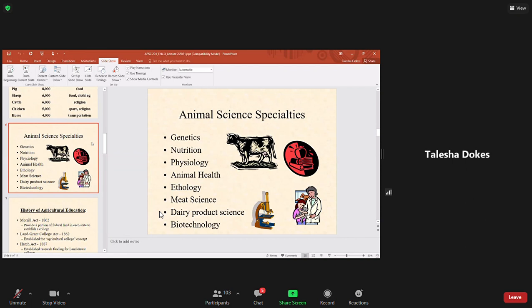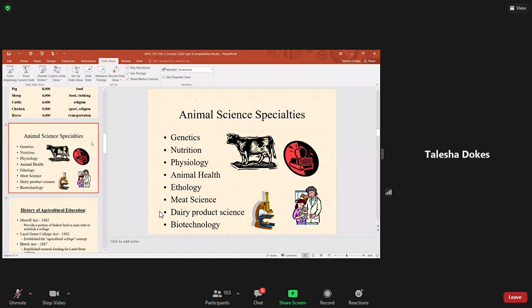Ethology: the study of animals in their natural surroundings. The focus is on instinctive or innate behavior, and it can be referred to as applied ethology.